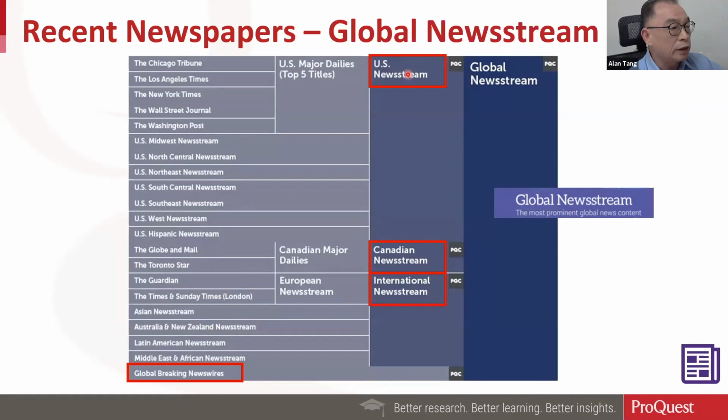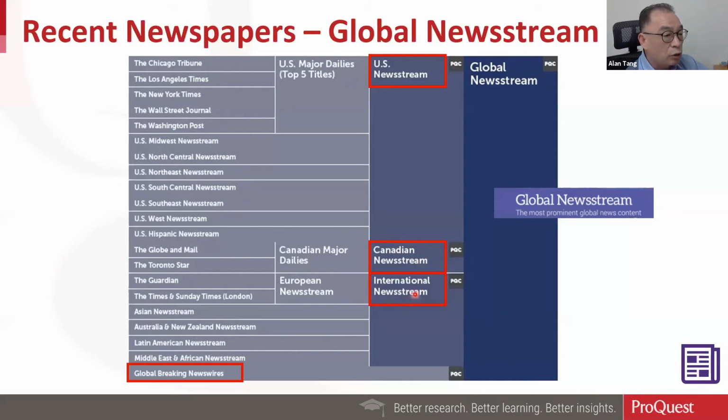US Newsstream, very intuitively, covers newspapers in the United States. We list only the top 5 titles here, but it actually covers more than 1,000 US newspapers. And Canadian Newsstream covers hundreds of Canadian newspapers.